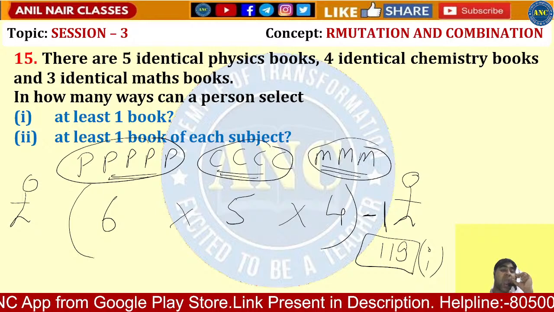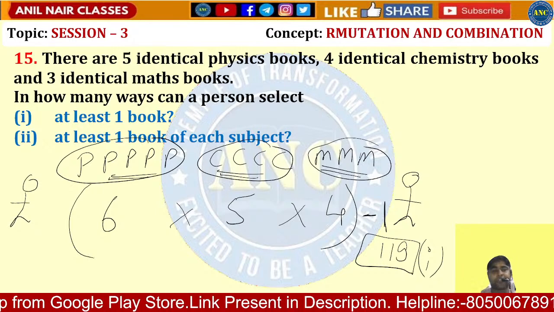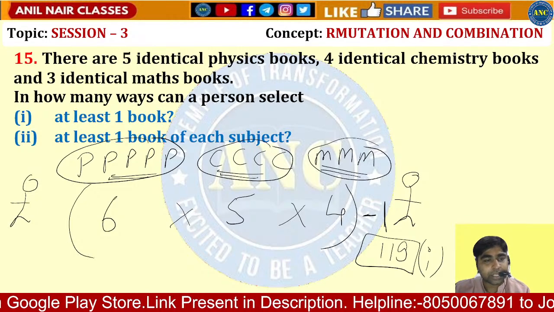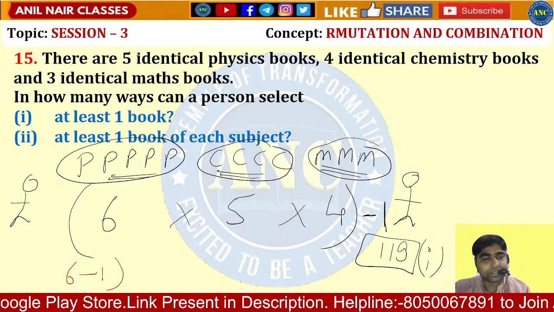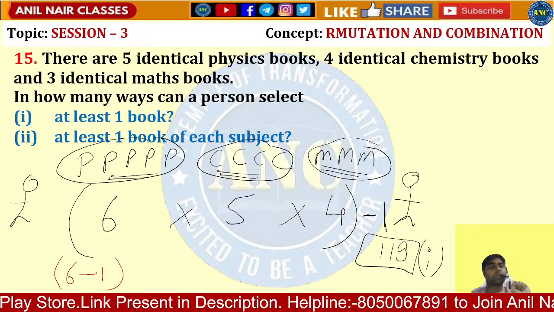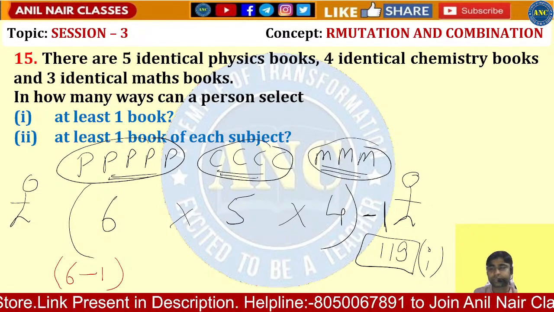Now, if it says that at least one of each type I have to buy, then what would become my answer? It would be 6 minus 1, which actually means 5. I can choose 1, 2, 3, 4 or 5. Understanding?